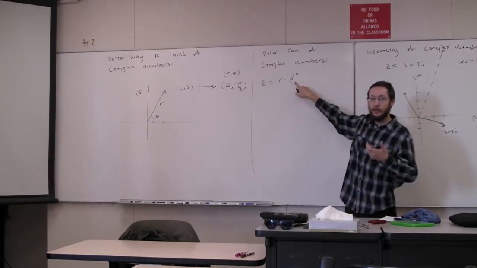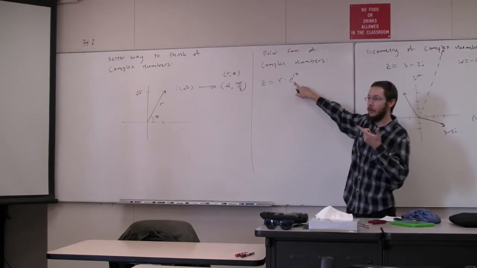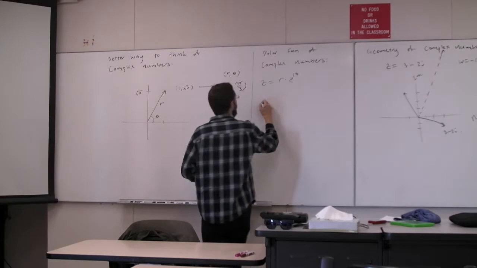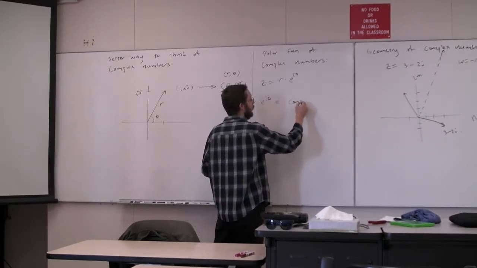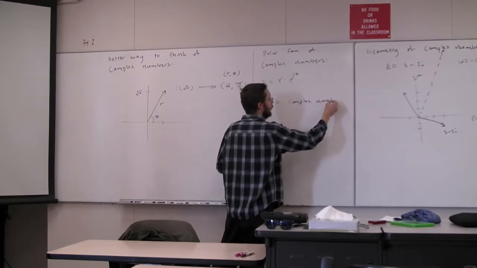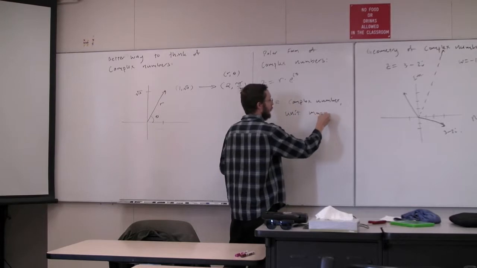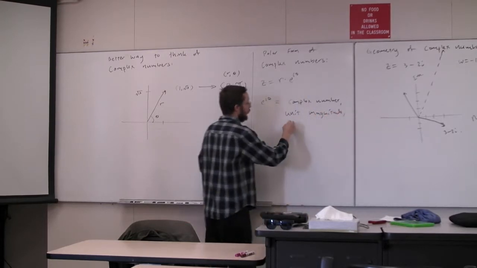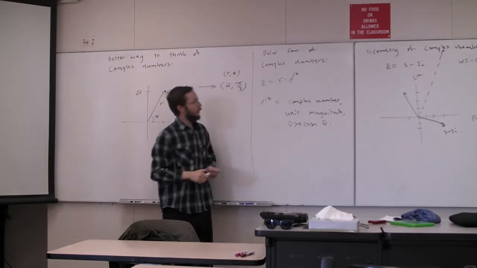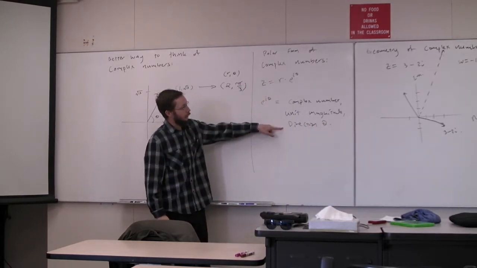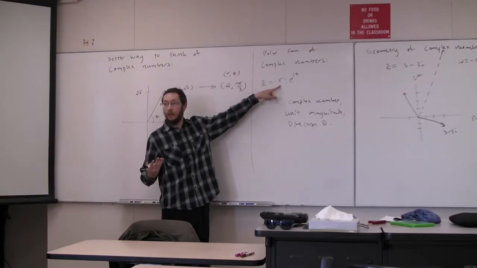And e to the i theta is a complex number with unit magnitude in the direction of theta. r is the length of this complex number c.